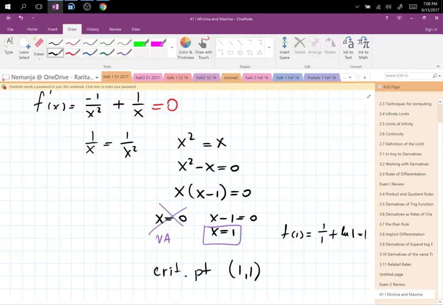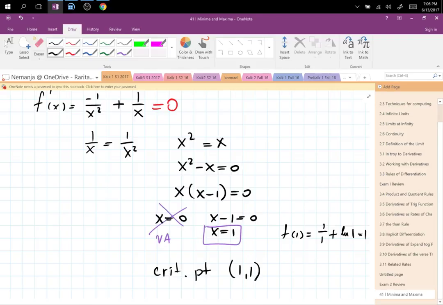So you want to compute a point that is, in air quotation marks, close. That's good. So all you need to do is to compute the function at 0.9 and 1.1.